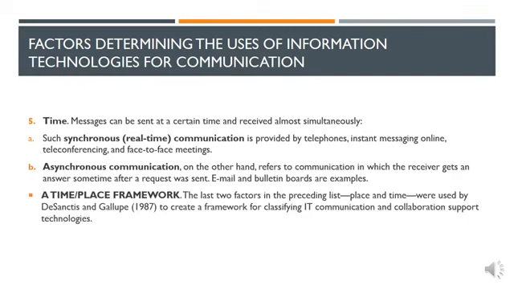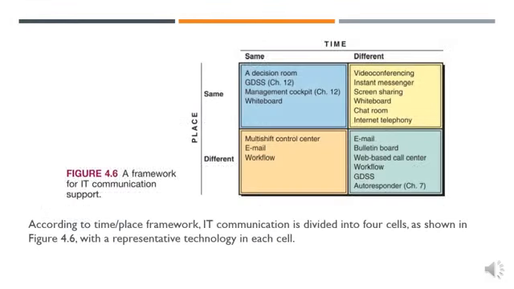A time-place framework. The last two factors in the preceding list, place and time, were used by De Sanctis and Galuppi to create a framework for classifying IT communication and collaboration support technologies. According to the time-place framework, IT communication is divided into 4 cells, as shown in figure 4.6, with a representative technology in each cell.